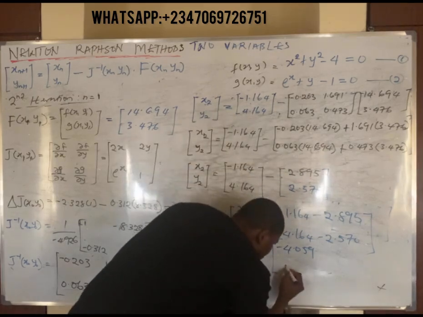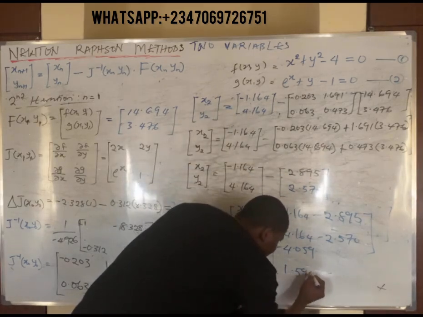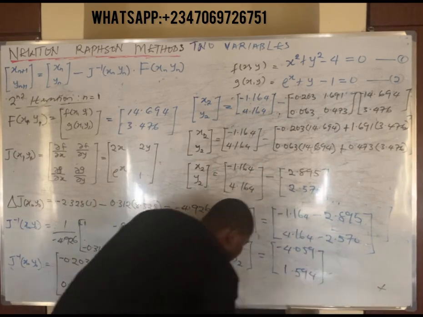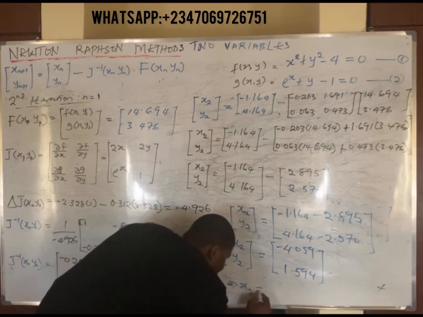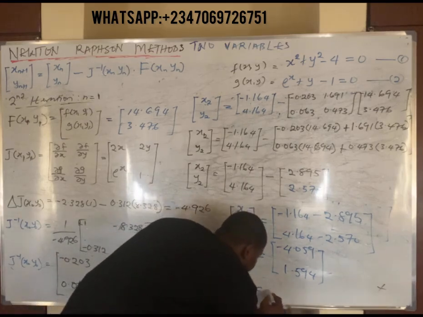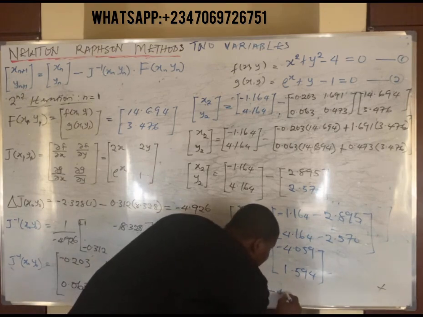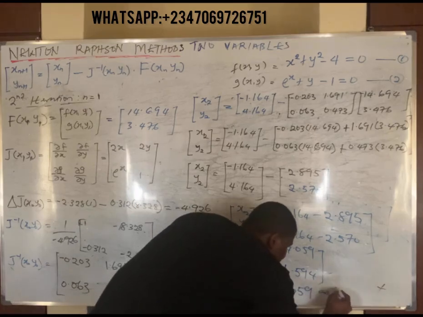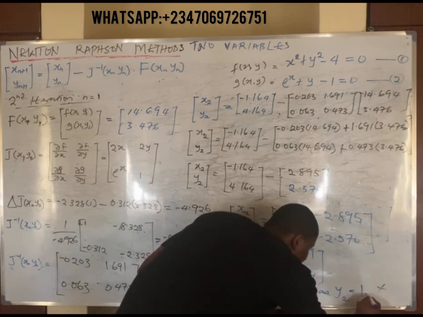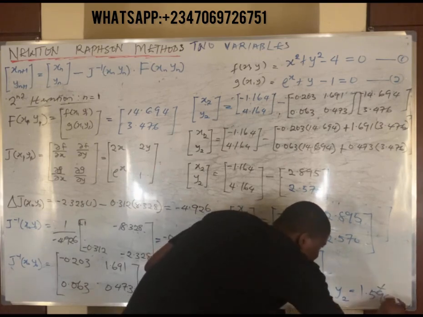We have 1.594. So this simply implies that x2 is equal to negative 4.059 and y2 is equal to 1.594.